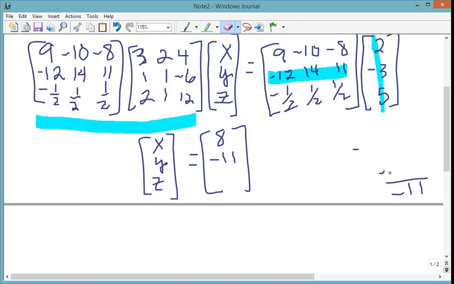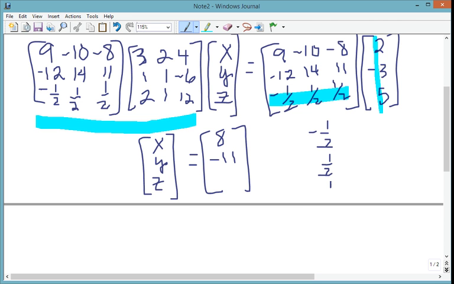Okay, and let's look at the third one. Would be third row. Oh, we can get some fractions. Don't be afraid of the fractions, right? I get lines every which way.